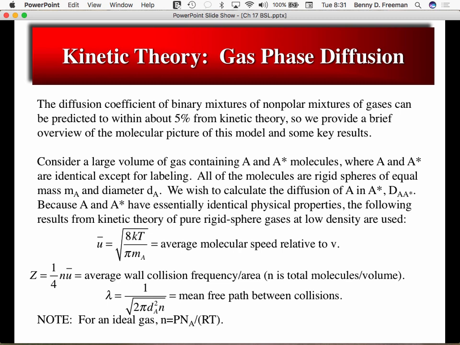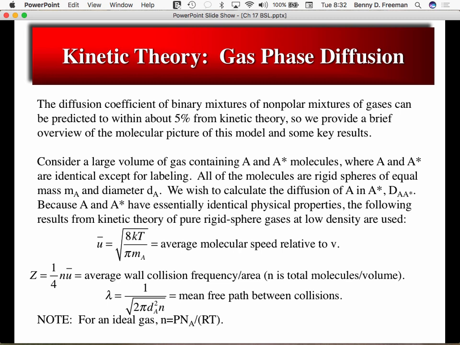We'll also define the mean free path between collisions, lambda, and that depends upon the concentration of the gas and the square of the diameter. Again, these are standard results from kinetic theory. I won't belabor them.